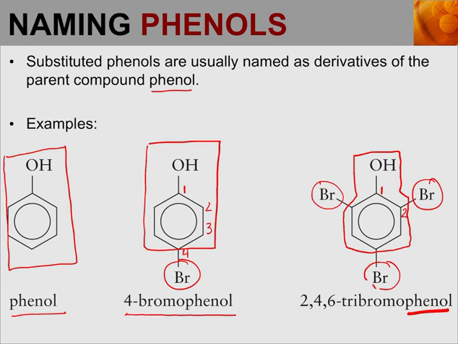And then we'll just number around the ring. Doesn't really matter which way we go since the molecule is symmetrical. So it looks like the bromine groups are bonded at carbons 2, 4, and 6. And then we want to make sure to indicate we have 3 bromines, so we're going to add the prefix tri in front of bromo.